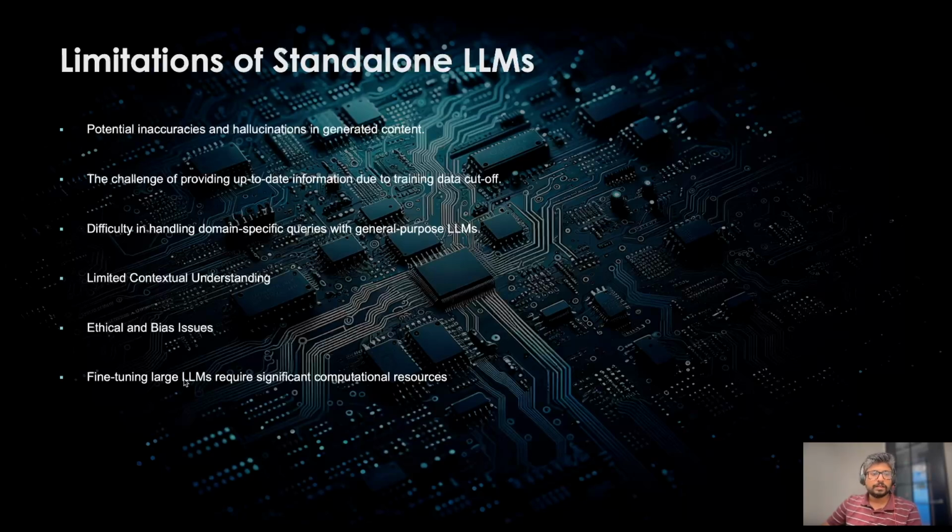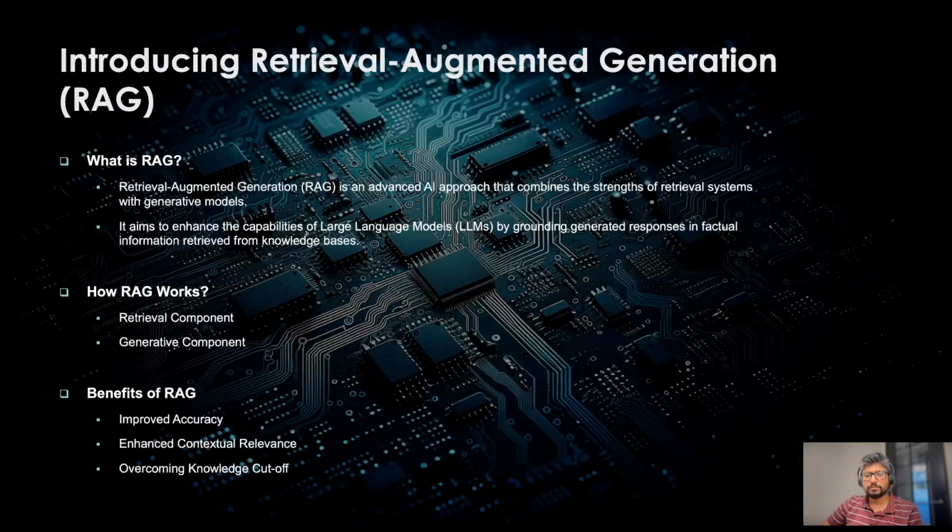Lastly, fine-tuning large LLMs to improve their performance for specific tasks requires substantial computational resources, which can be costly and time-consuming. To address some of the limitations that I have discussed in the previous slide, we use a system called RAG.